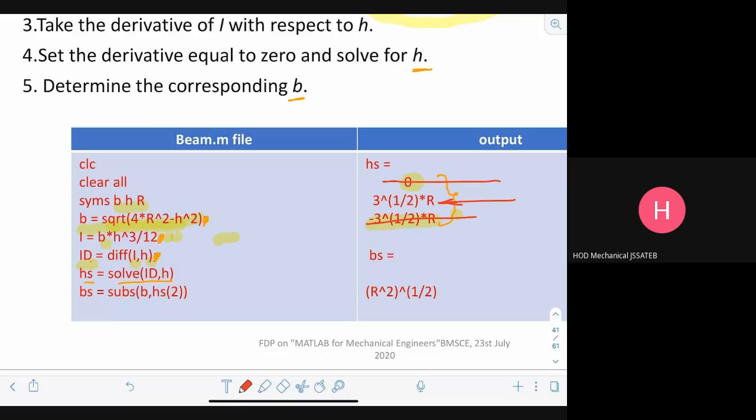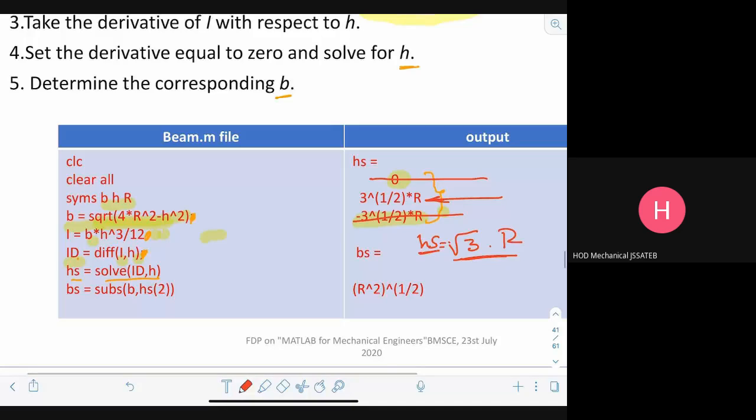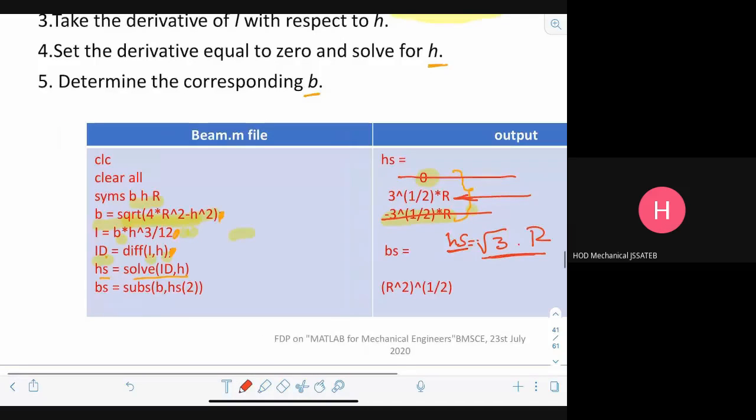Therefore, you will notice that cube root 3 to the power of half into R is the optimum value of HS. So 1.73 times the radius, if you take it, you'll get the optimum value of HS. Now, that HS, this value of root 3R has to be substituted in B. To substitute that value in B is this expression.